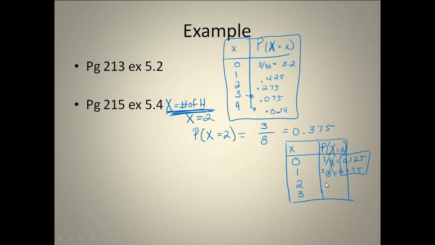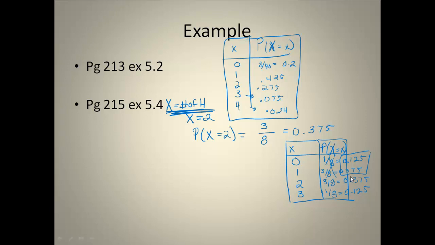It's why I'm including them. And then for 2, there's exactly 3 ways that we can get 2 heads. So that's going to give us 0.375 again. And there is only 1 way to get exactly 3 heads. So that would be our probability distribution.